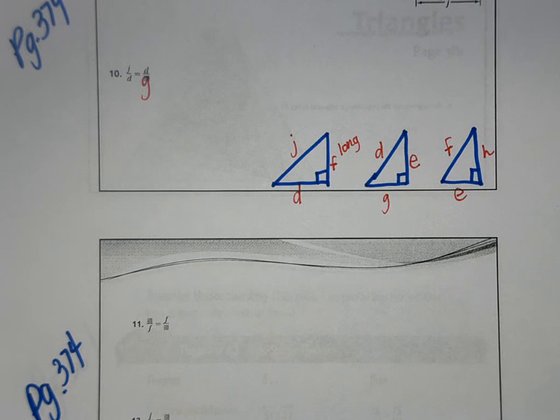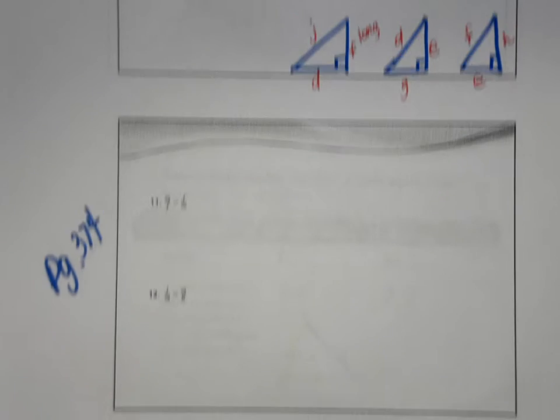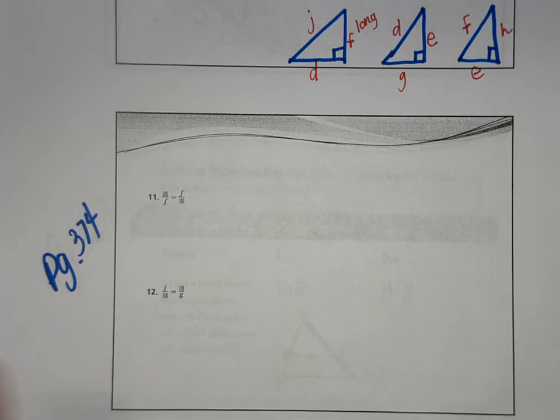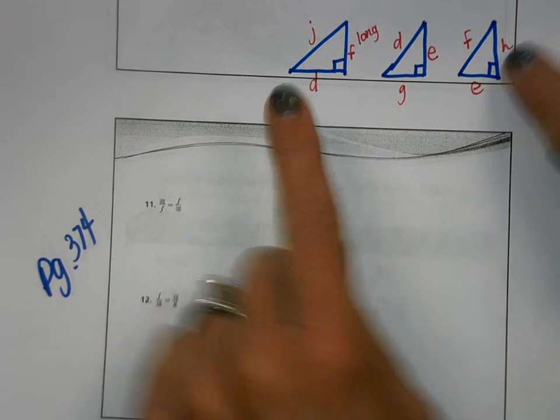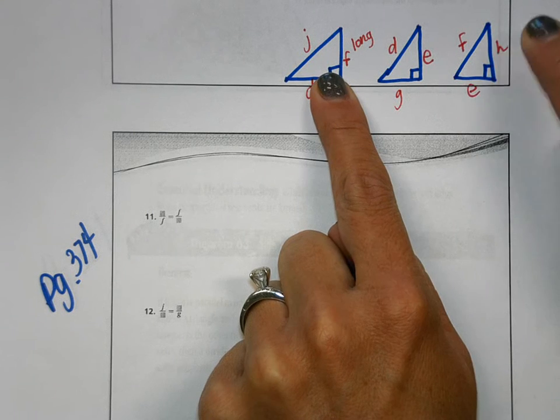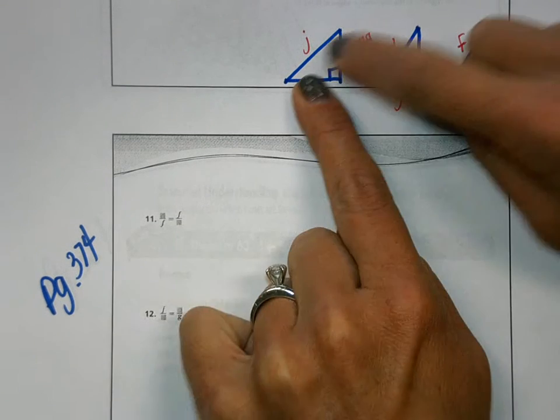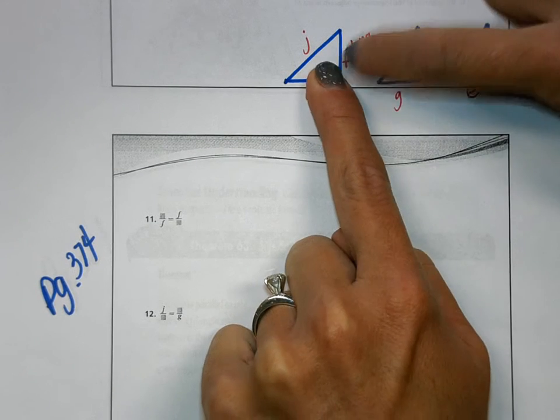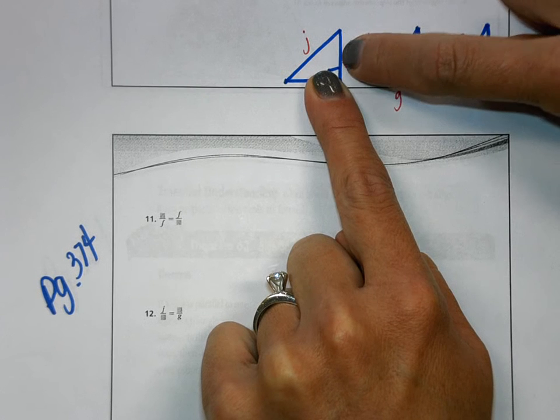Okay. So on this next one, we're looking at two triangles that have F. Do you see how this triangle has F and this triangle has F? So if you start here, F matches with what?